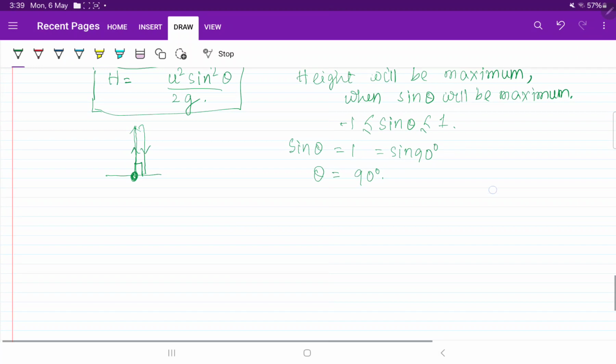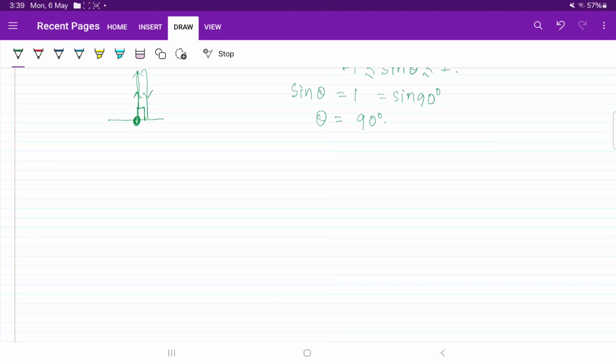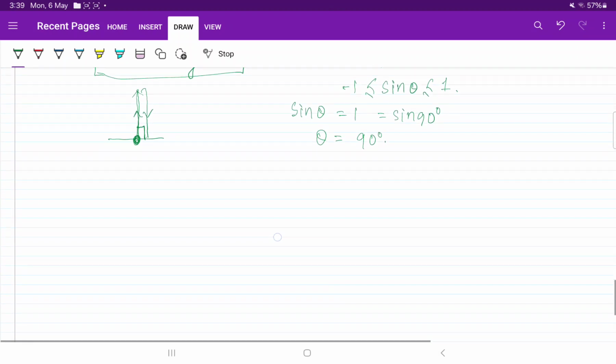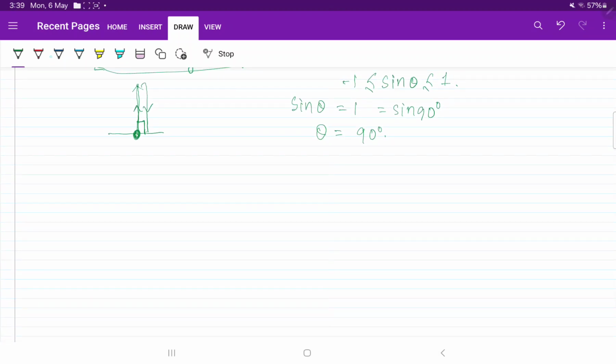Okay, you have solved the time of flight and height for the projectile. The last expression is the calculation of range.